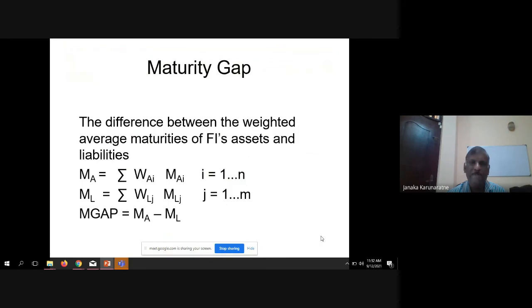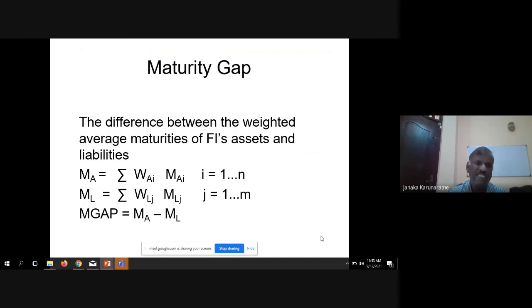Maturity gap. So what is maturity gap? The maturity gap is the weighted average maturities of your bank or financial institution's assets and liabilities. Now, what do you mean by maturity of assets equal WA into MA? WA means the weight of each asset in the balance sheet times the maturity of each asset in the balance sheet.